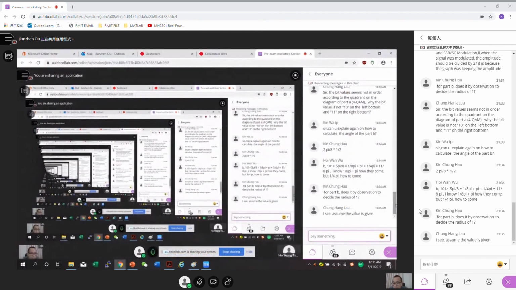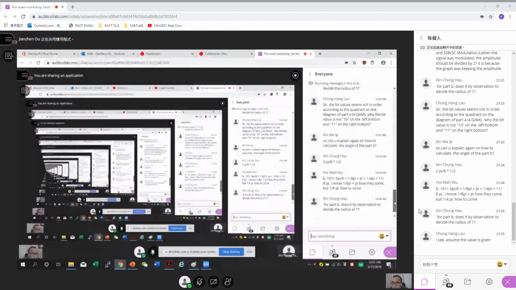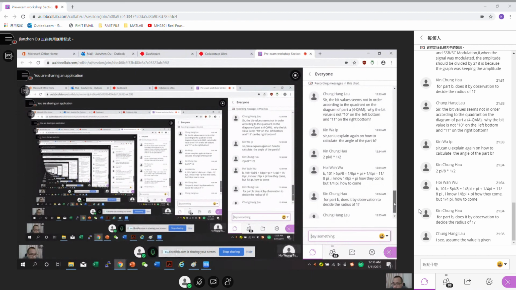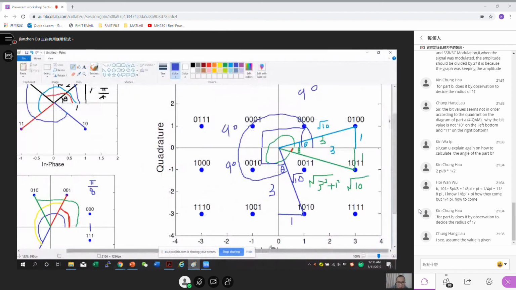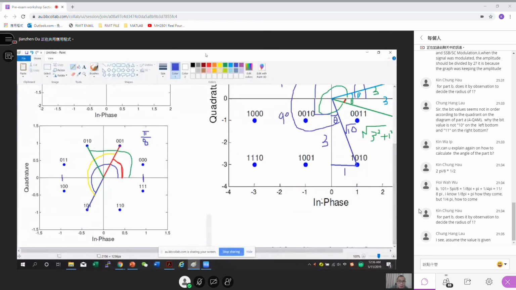Okay, you're right. So for this one, how to calculate the angle of part B. Actually, Hoi Wan already explained it. Oh okay, 1/4 pi. So this angle here is pi/4.